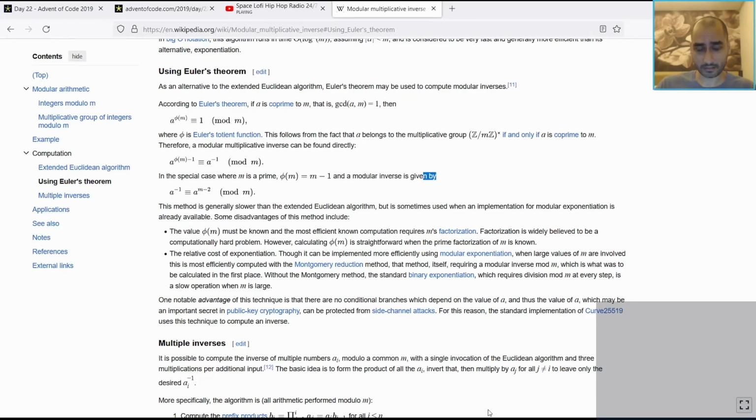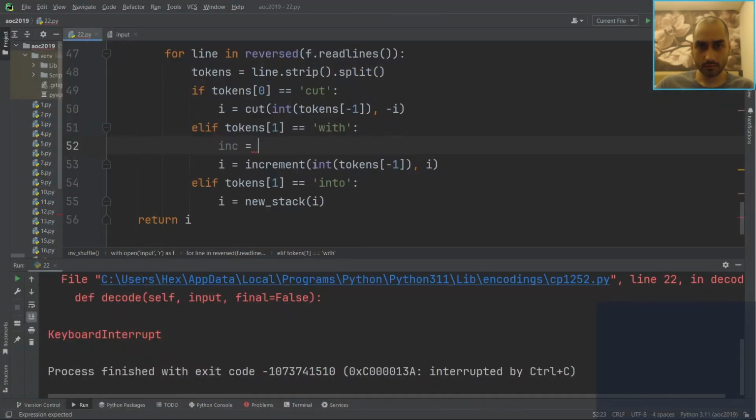So it's raising inc to the power of, hang on, so inc equals this.